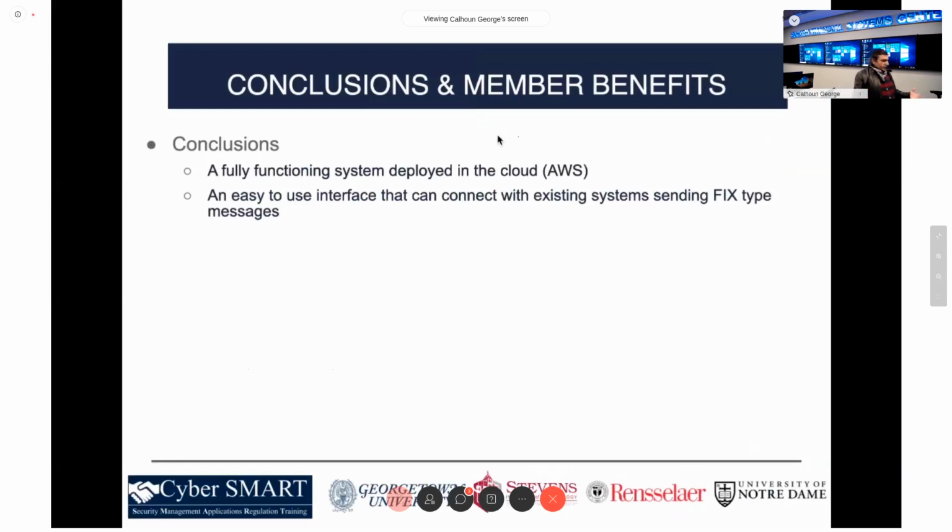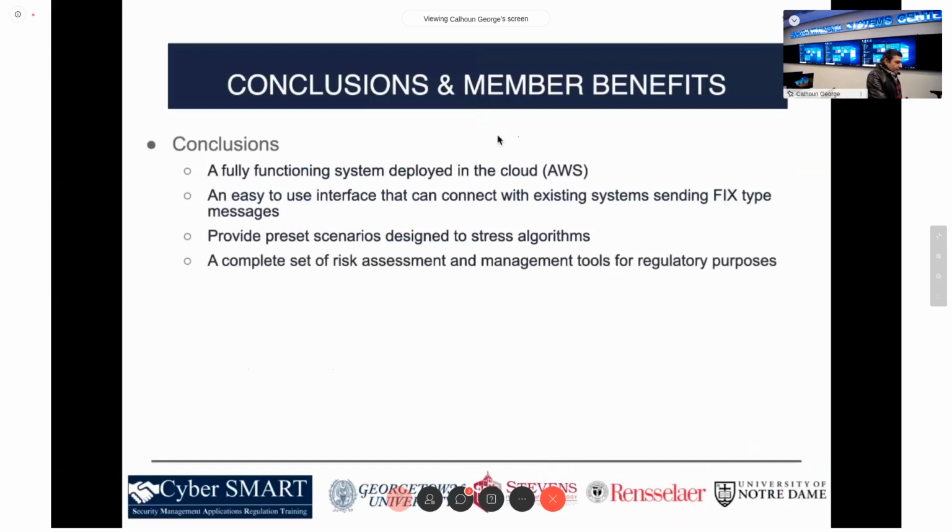An easy to use interface that you can actually program and use to design various types of scenarios. The idea is to provide preset scenarios which are designed to stress algorithms. A complete set of, this is actually quite important, as you may or may not know, in high frequency finance, there was a rule.